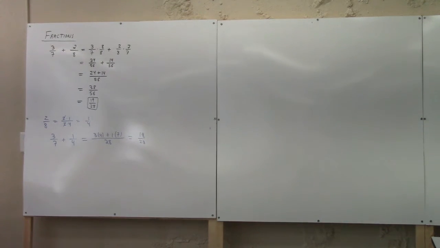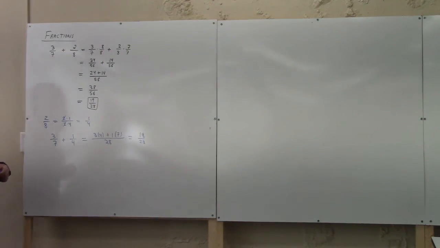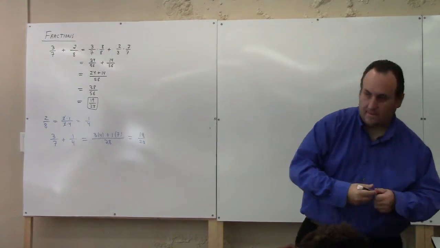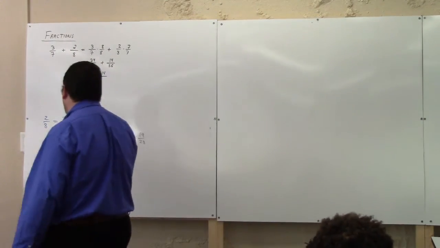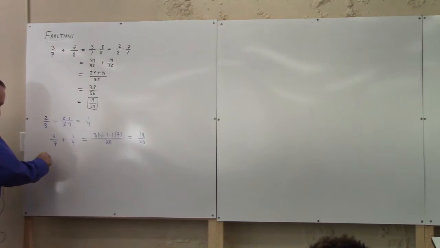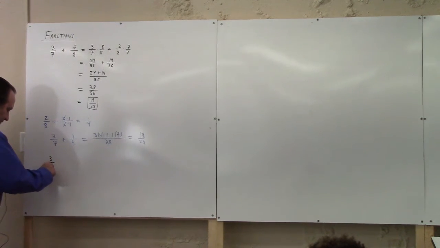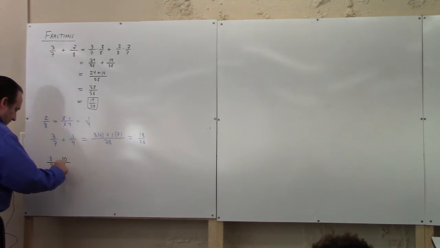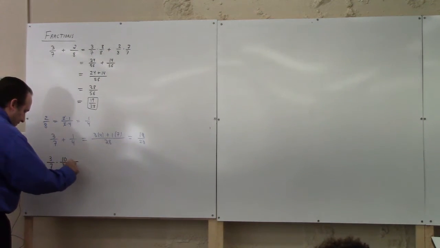How do we multiply fractions? You guys remember? So if we have like 3/7 times 10/39, how does that work?